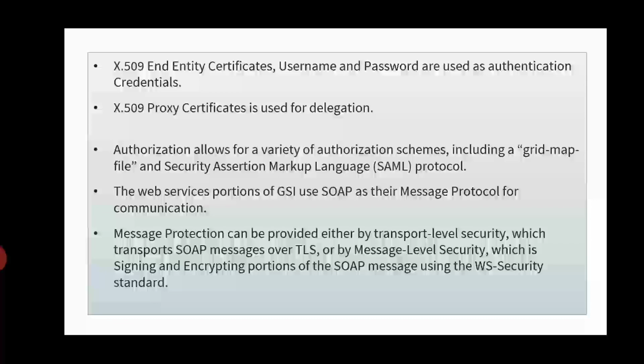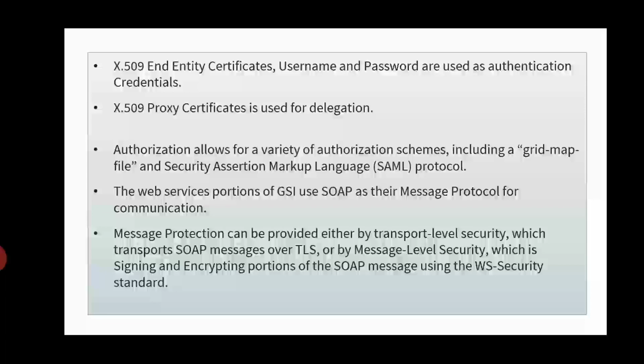Authorization allows for a variety of authorization schemes, including a grid map file and the Security Assertion Markup Language protocol. So the web services are portions of grid security infrastructure. Here we are using the Simple Object Access Protocol as the message protocol for communication.